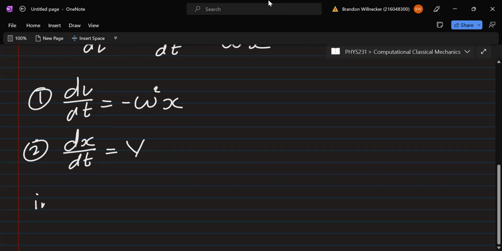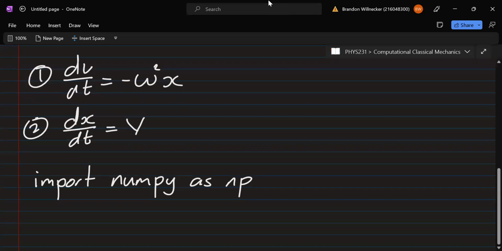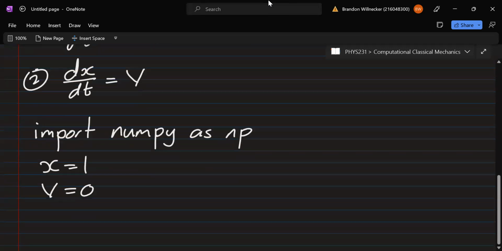So we can import numpy as np. We can set our initial conditions. So let's say that it starts out at 1 unit away from equilibrium with velocity 0. So x is 1, v is 0, t is 0.